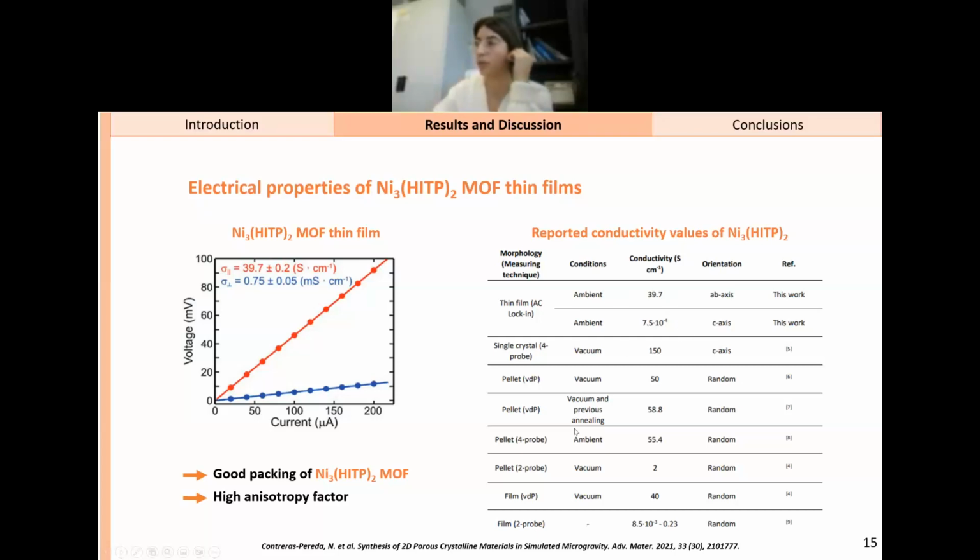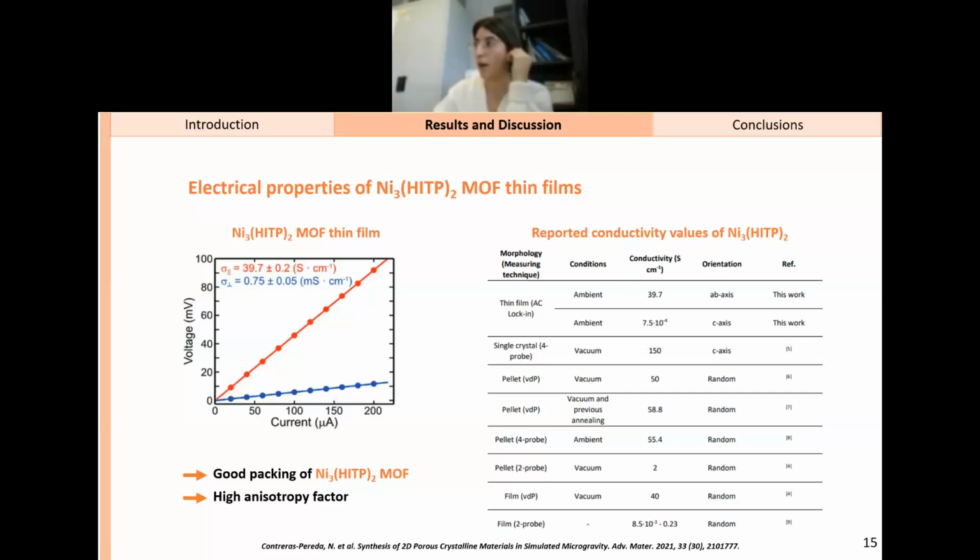The other ones were reported values, where they synthesized this material in vacuum or as pellets. So this is what I was explaining before: they showed this high conductivity value at room temperature in ambient conditions, without applying pressure or performing the reaction in vacuum.